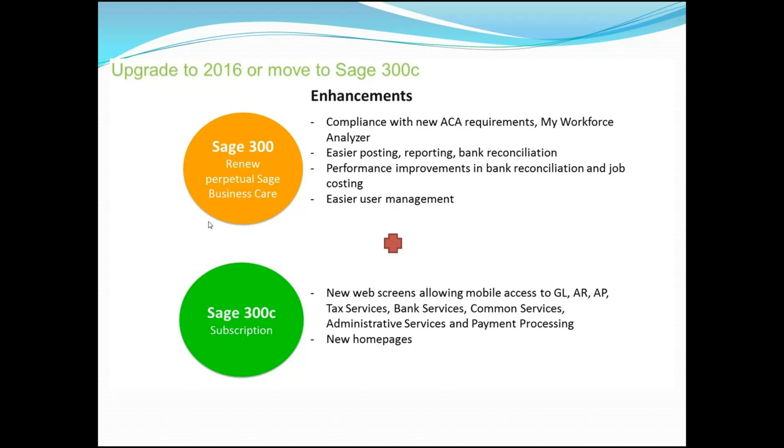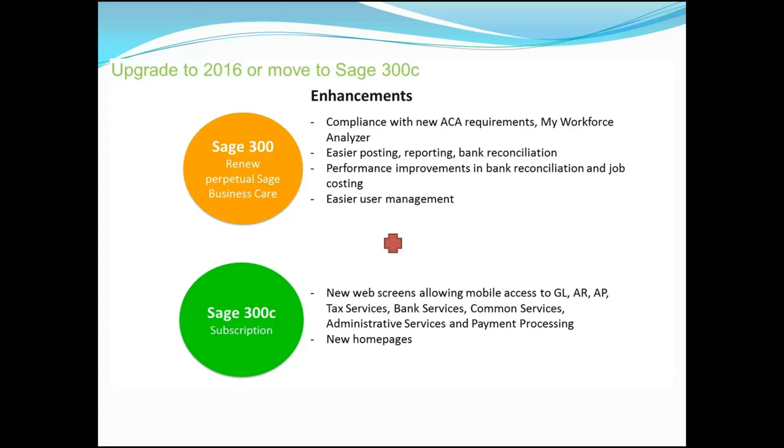Right now, Sage 300C is not for all clients that are on a perpetual license, because if you needed inventory control, order entry, purchase orders, those modules are not yet available with the Sage 300C. I'll be talking about the enhancements and how that's going to progress, and they'll be releasing new modules as time goes on, and I'll be discussing that today as well.